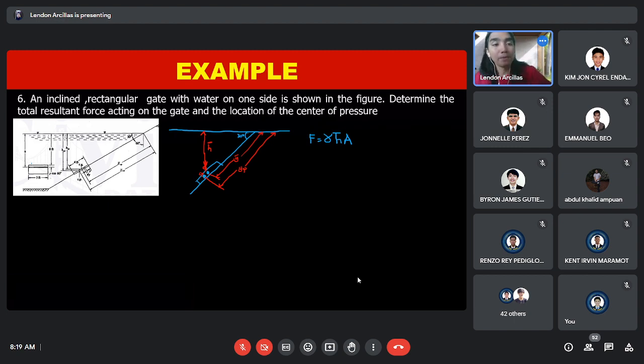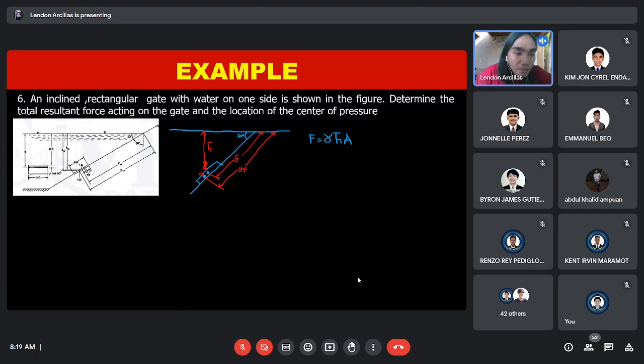Example, if ganito yung ating gate, pag ni-rotate natin yan sa inyo nakatingin, of course, ang nakikita nyo is rectangle, pero nakaslant pa din yan. Okay? Pag nakita nyo sa side, nakaslant pa din yan.